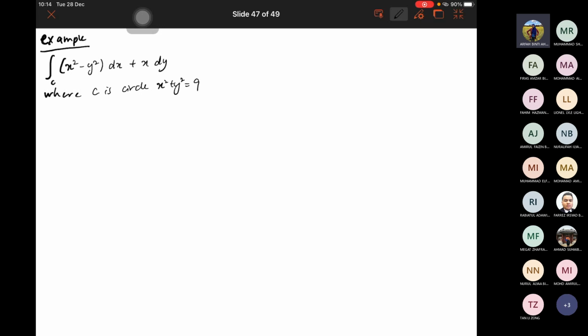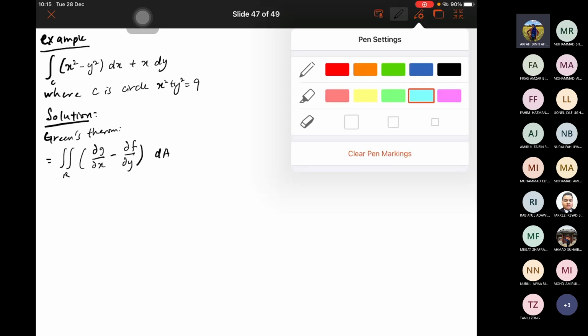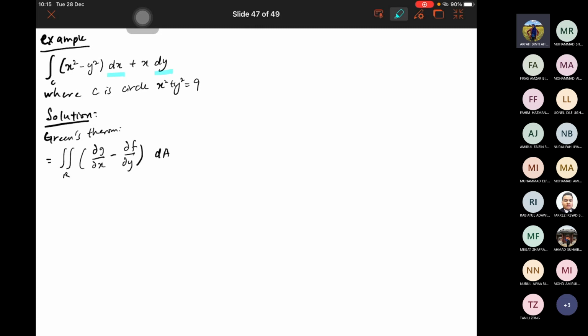Okay. So, dia punya solution by using Green's theorem, okay, it will be equal to integration over the bounded region R, delta G over delta X minus delta F over delta Y dA. Okay. So this is your X dx.